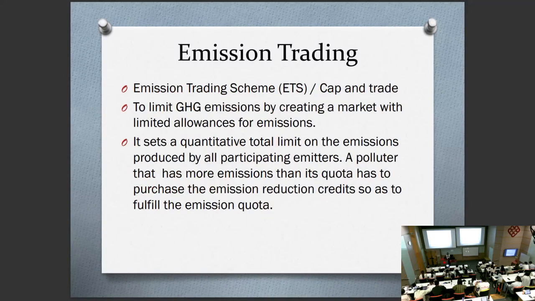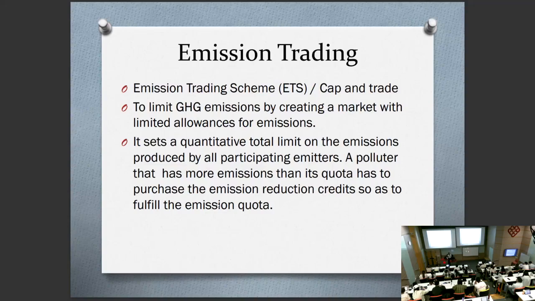Okay, another flexible mechanism is the emission trading. And I think in the last lecture, we will focus more on the emission trading. So today, let's just treat it as a briefing, as an introduction to the emission trading scheme. Okay, so the emission trading scheme is also called cap and trade.